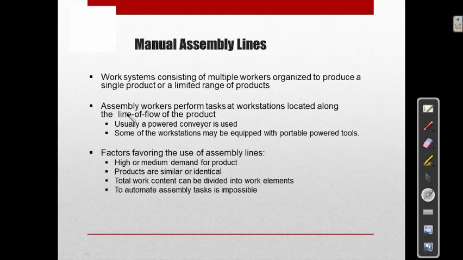In a particular assembly station, the employee who is working is called an assembly worker. Assembly workers perform a task at various workstations located along the line of flow of the product.